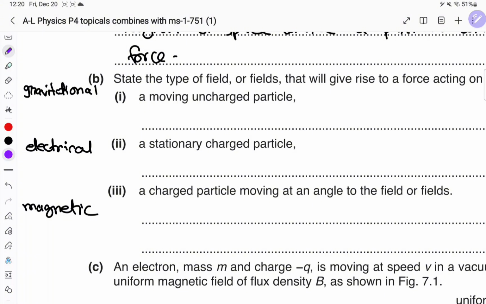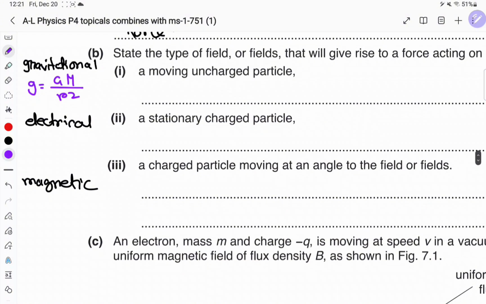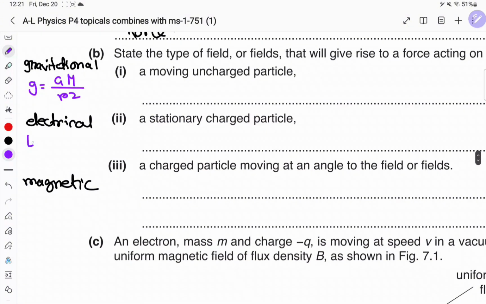For the gravitational field, the gravitational field strength depends on the gravitational constant, mass, and the distance between the masses. The electrical field strength depends on the force per unit charge.